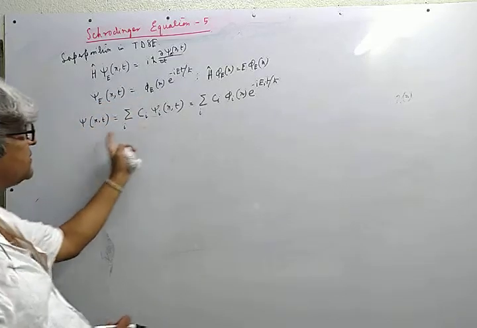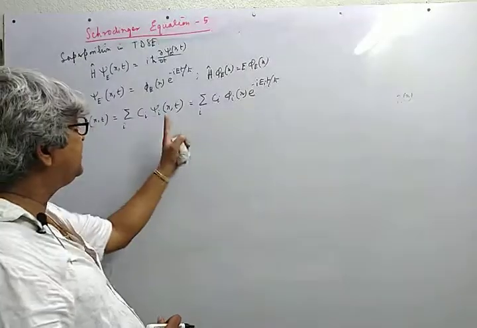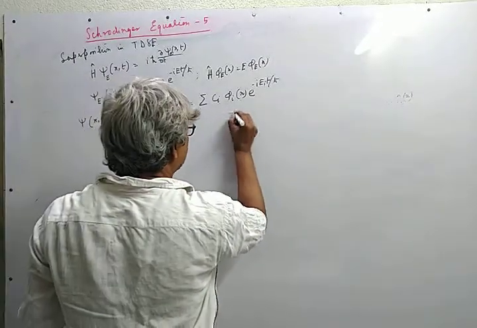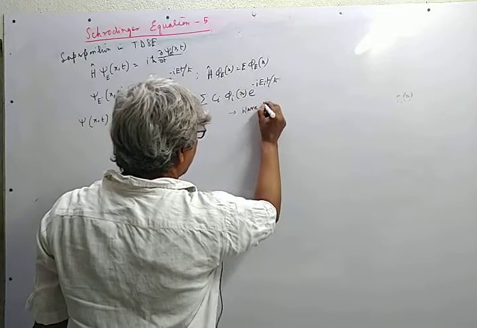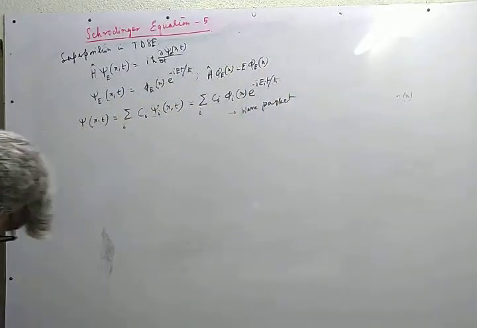We expand the state in this way. If we include all the states, it is the representation of the wave packet. This represents the wave packet.